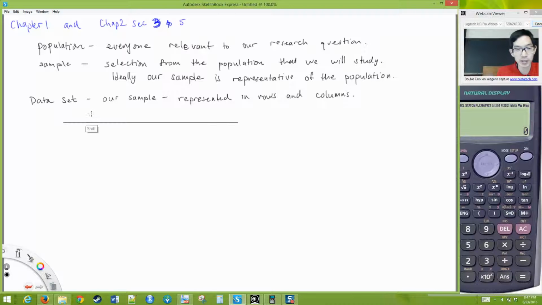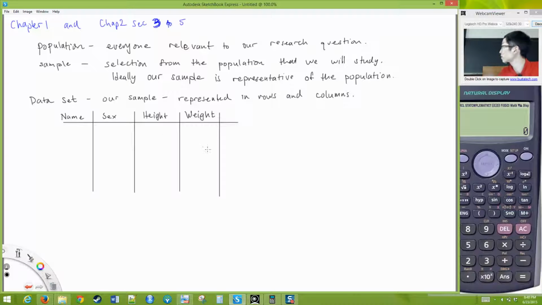We can gather data on people in California or something like that. We can ask for your name, and male or female, your height and weight.